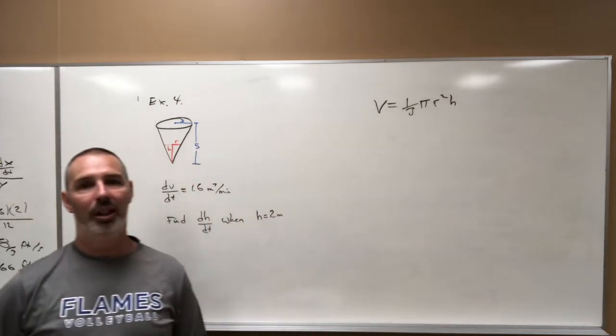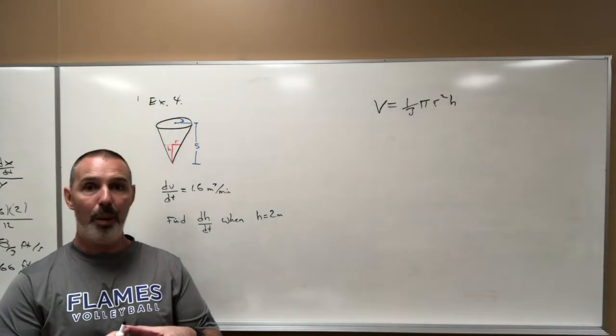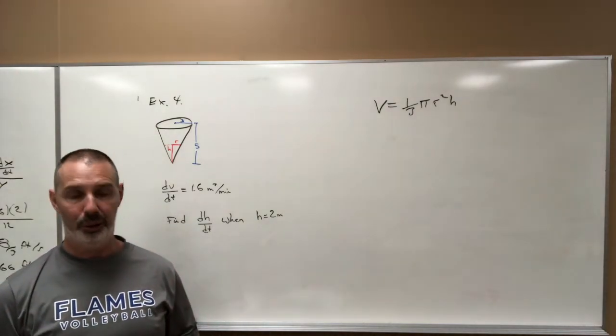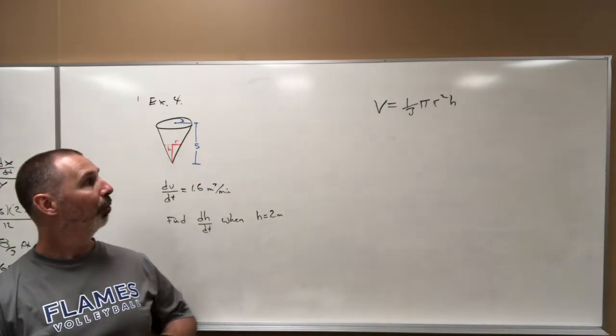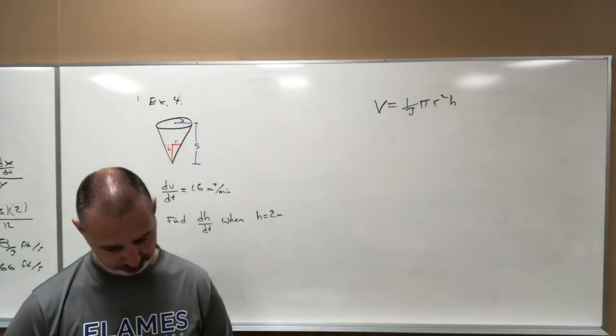Again, pi r squared is the area of the top, the circle. Height is the height, and then because the cone is 1/3: if it was just a cylinder, pi r squared h is it, but it's a cone, it's 1/3 of that.